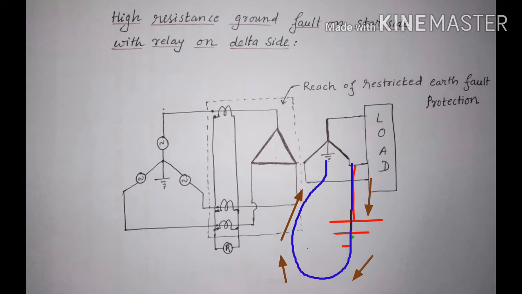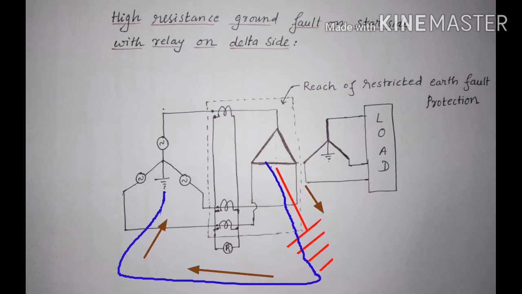Therefore, the spill current through the relay will be equal to 0. Hence, the restricted earth fault protection relay will not operate.